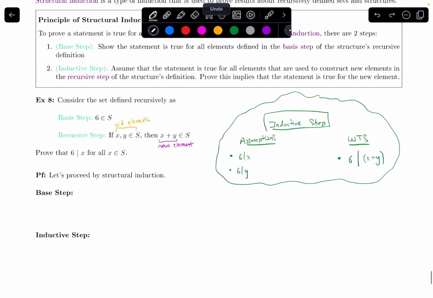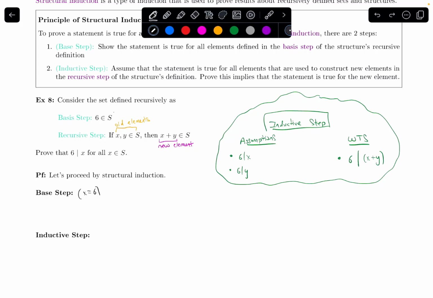In the base step, I look at the initial elements in the set's recursive definition, which says 6 is in the set. So in my base step, I'm going to be looking at the element x equals 6 and asking myself, is this statement that I'm trying to prove true for this initial element? In other words, does 6 divide 6?